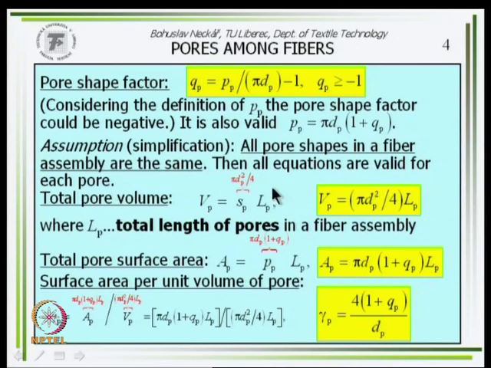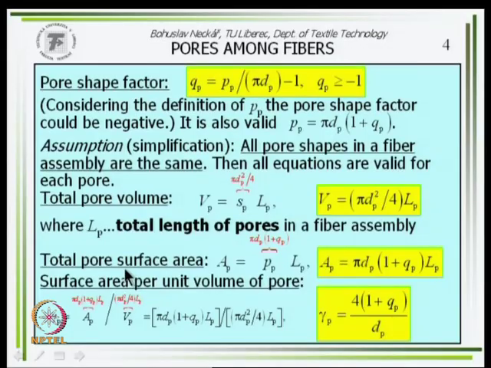Well, the total pore volume is SP times LP, where LP is total length of pores, the sum of all paths through which you can go when you are smaller than a microbe.